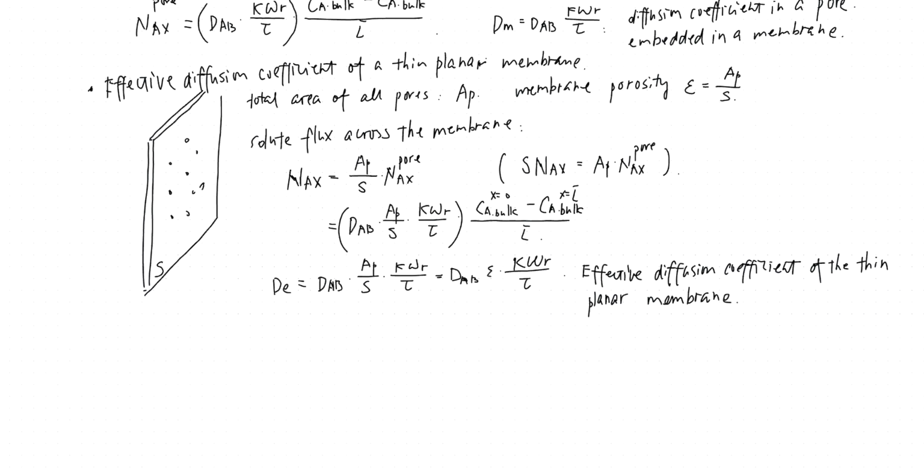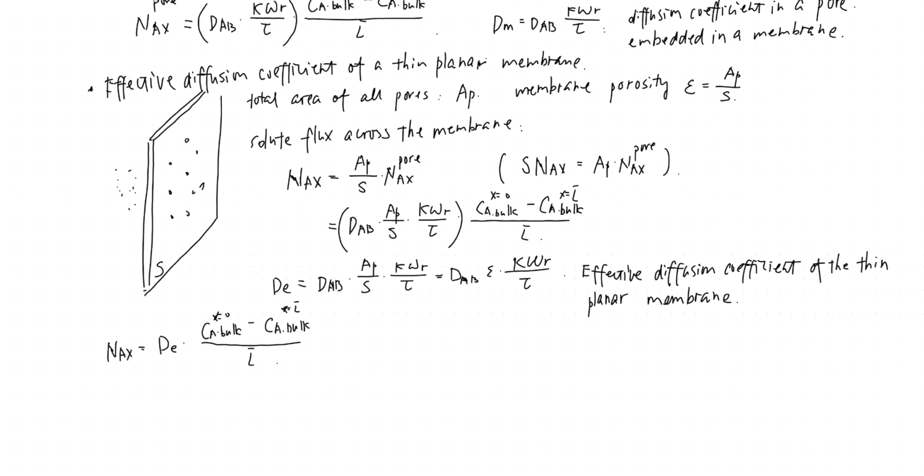Now you can write the flux just in terms of the membrane diffusion coefficient DE multiplied by CA bulk. And you can see now we express everything on the macroscopic view instead of the pore under the microscopic view. Because now the concentration is also written in terms of the bulk part. We are totally talking about what happens on the two sides of the membrane.